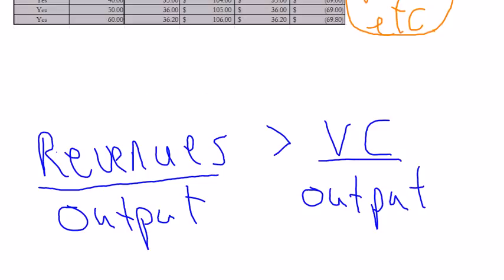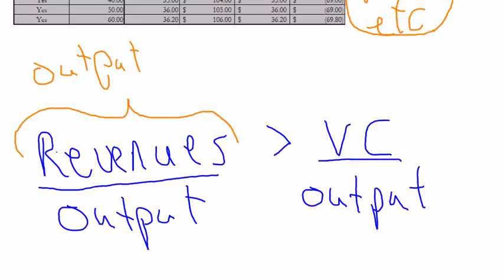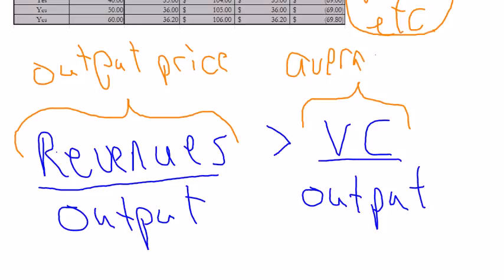Well, revenues divided by output just equals output price, which in this case for the output price was wheat, was just $1. And variable cost, your total variable cost divided by how much you produce, is just your average variable cost. And so you produce, another way of saying all this is that you produce wheat only when the price you get for wheat is greater than your average variable cost.